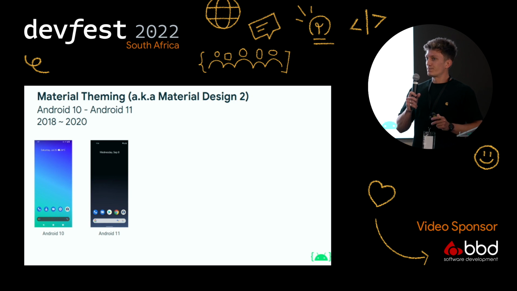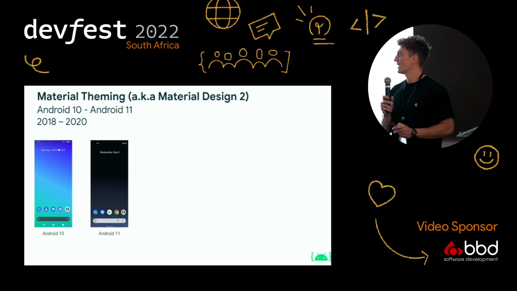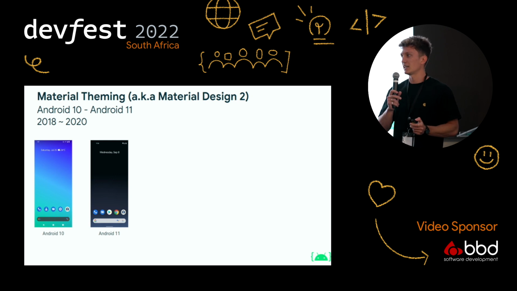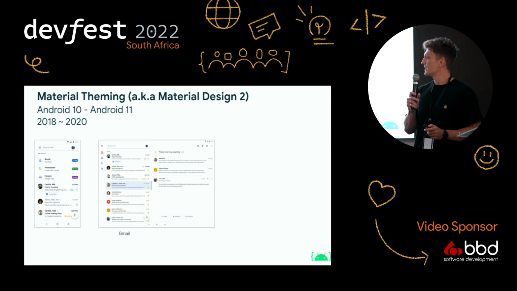Material design took a brief sort of evolution into what we call material theming, which in retrospect was actually material design 2. Which material design actually calls it nowadays, but it started off as material theming. The OS didn't change much, it maintained this sort of clean visual look, but the apps themselves changed quite a bit. Gmail evolved into this classic, basically very clean look.